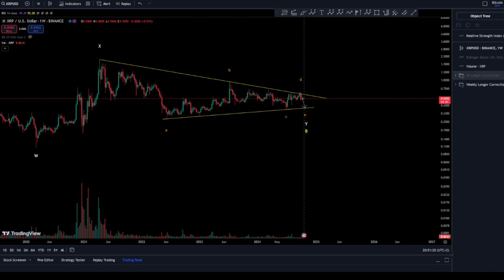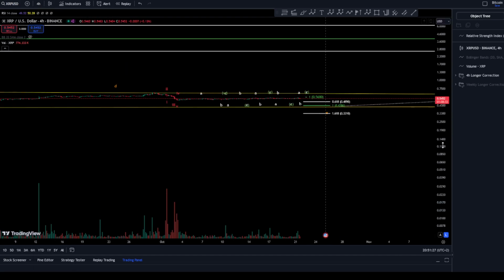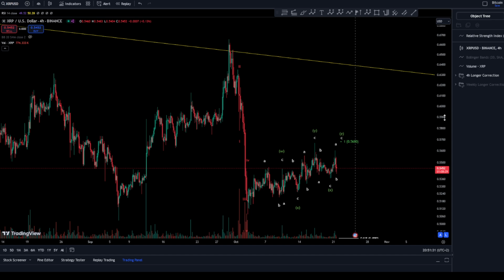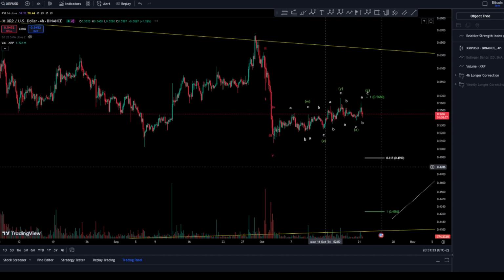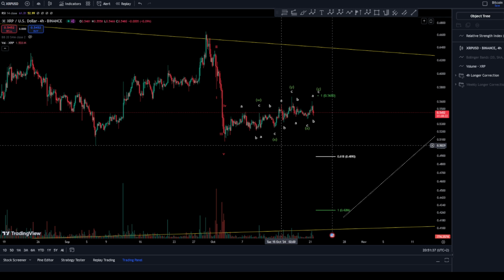Now, if we look a little bit more closely inside the 4-hour chart, XRP loves very complicated correction waves. It's mostly a very slow movement for XRP.